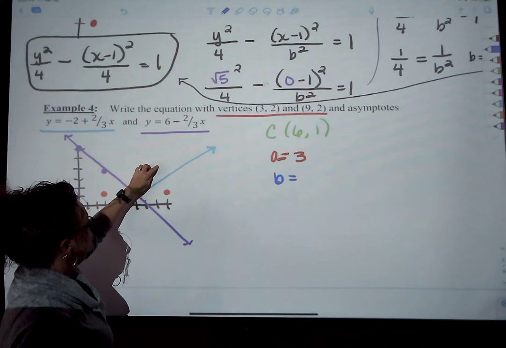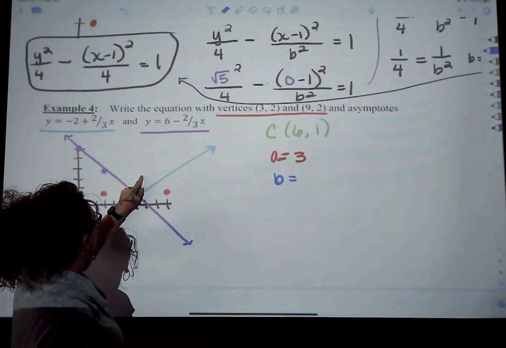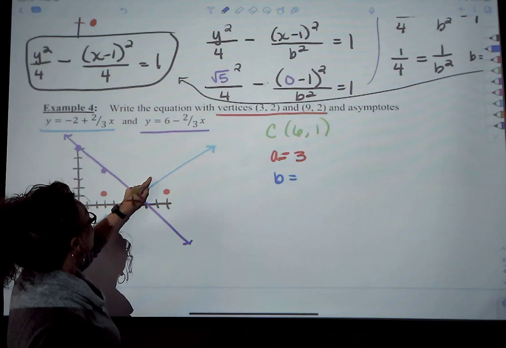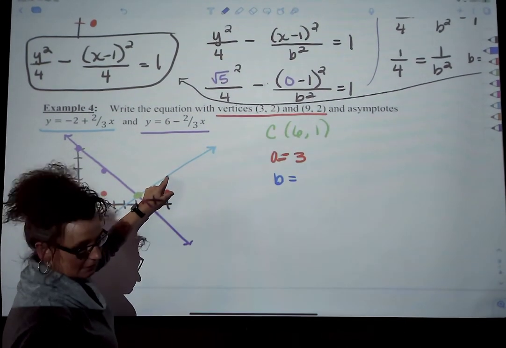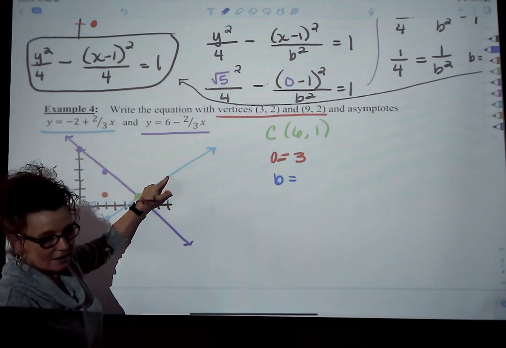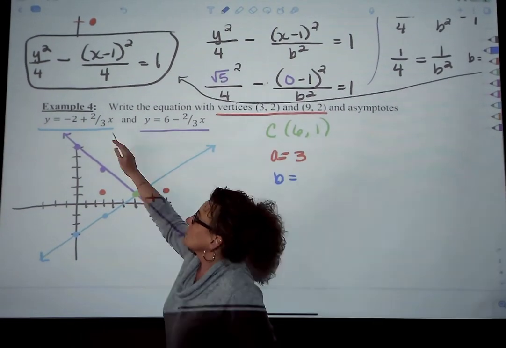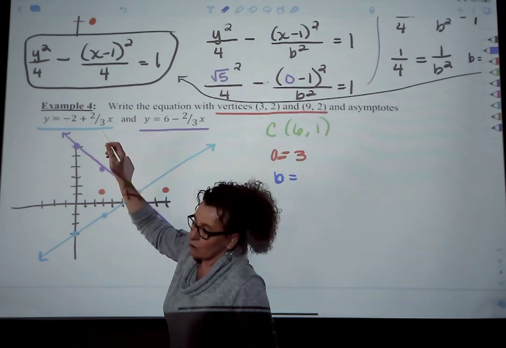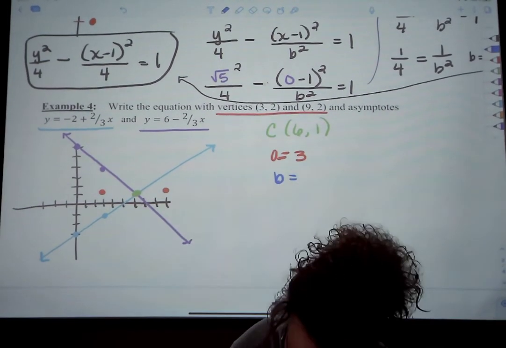1, 2, 1, 2, 3. How far did I go up? I went up 2 over 3. So from the center, watch, I'm going to color code it for you.